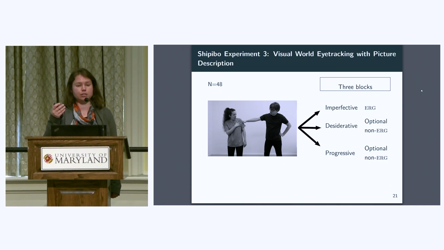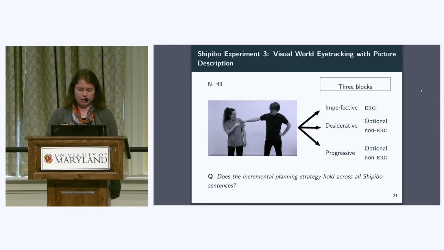And we divided the experiment up into 3 blocks based off of those 3 different sentence types, the imperfective or the 2 non-ergative constructions. And the question that we're going after is, does the incremental planning strategy have to hold across all Shipibo sentence case types?